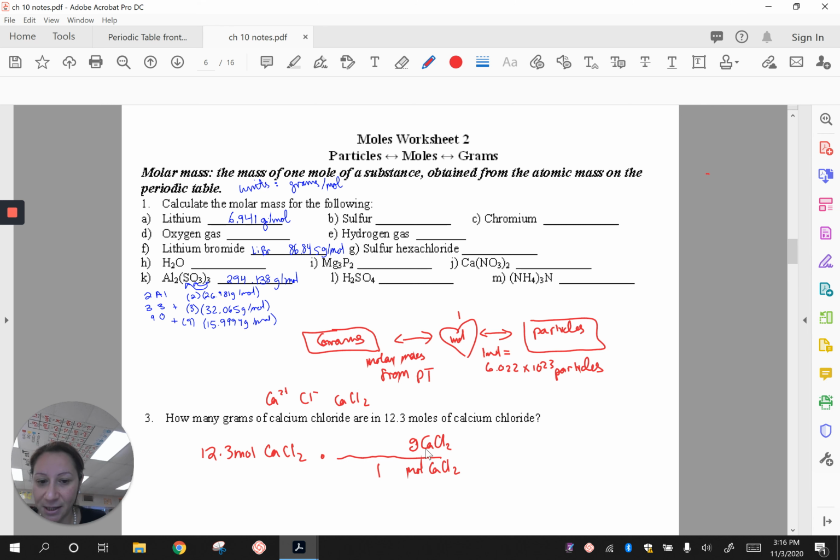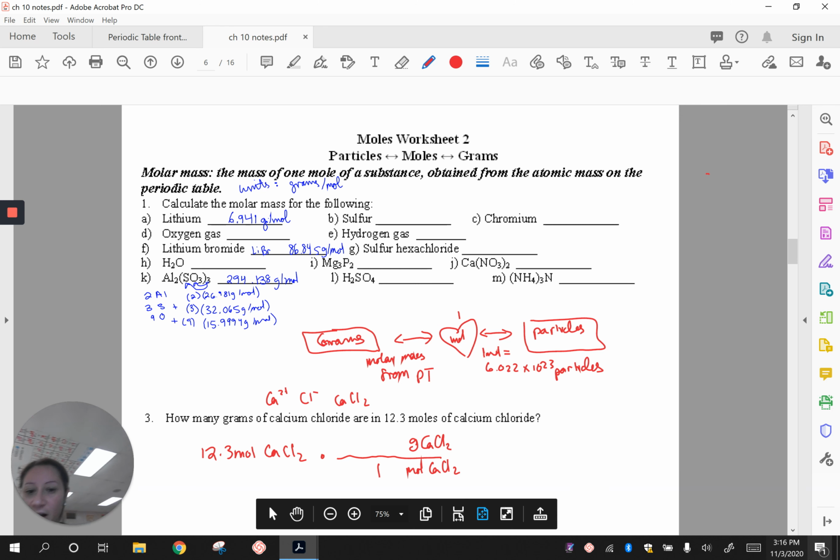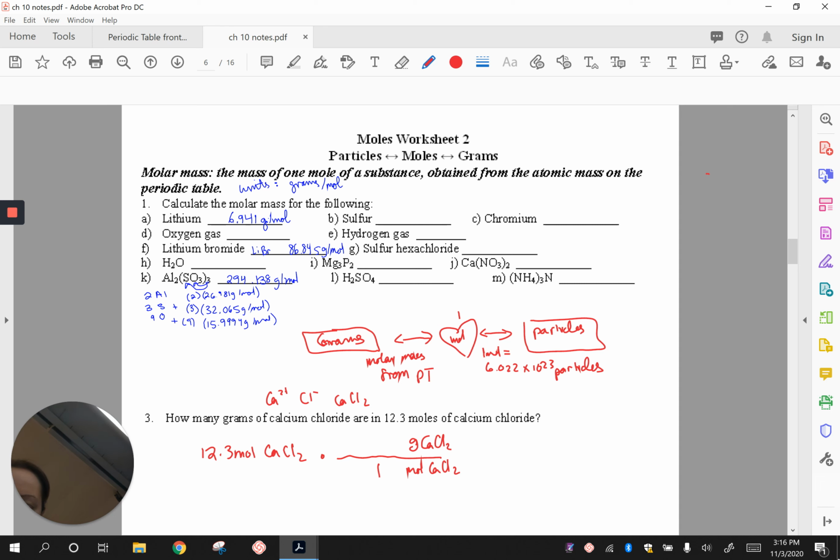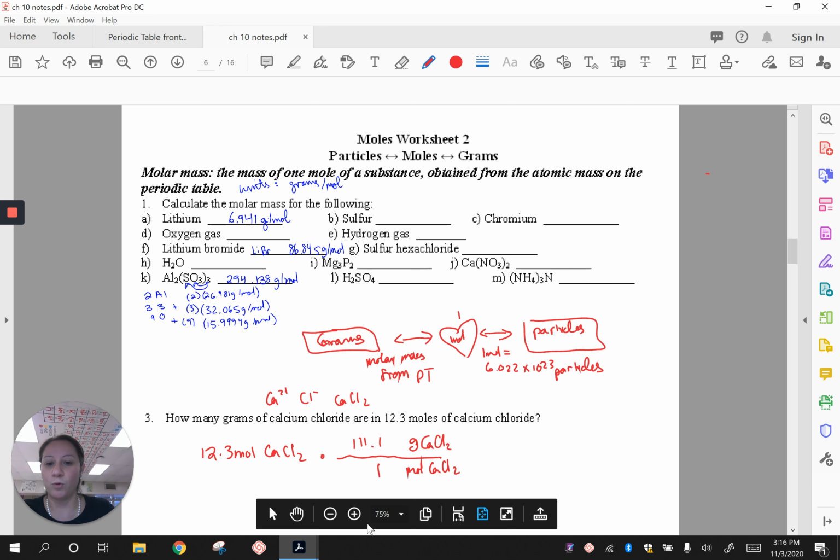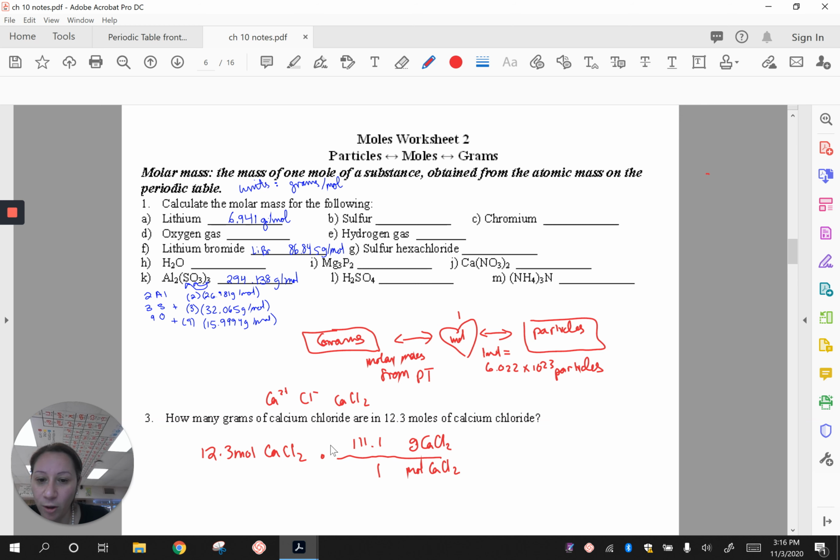So I add a calcium, which is 40.08 grams, plus 2 of the chlorines, which each are 35.45. I add those up, and I get, for my molar mass, 111.1 grams for every 1 mole. Now, here, this is 3 sig figs. My molar mass, I can write it to however many sig figs I want.